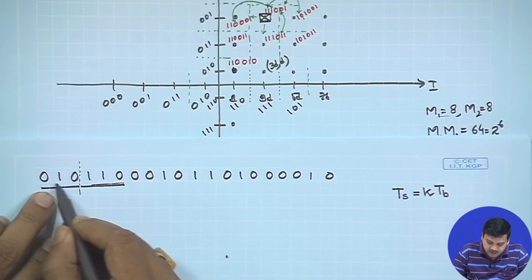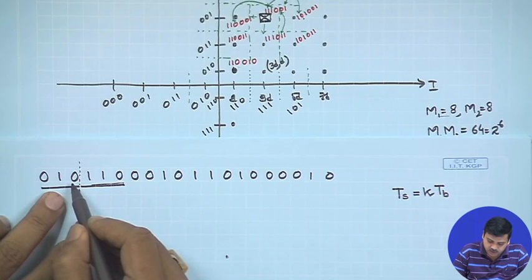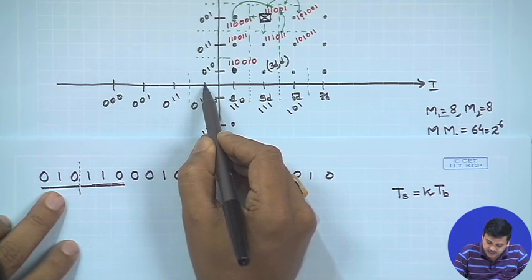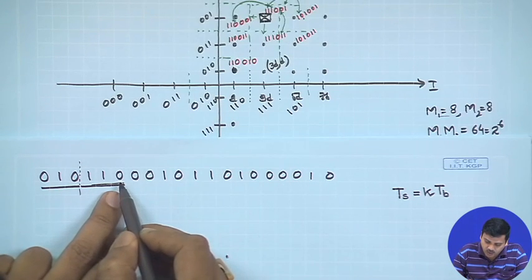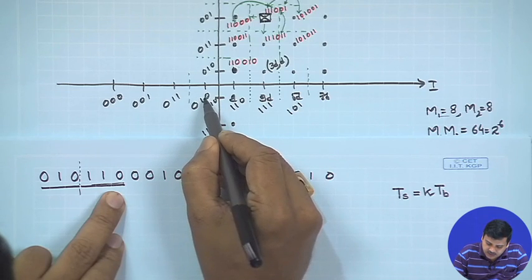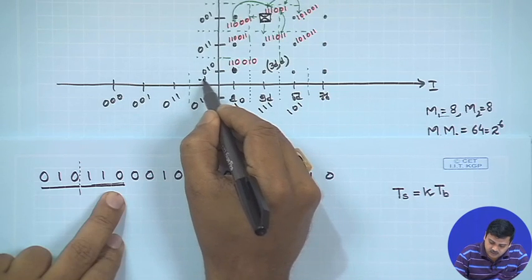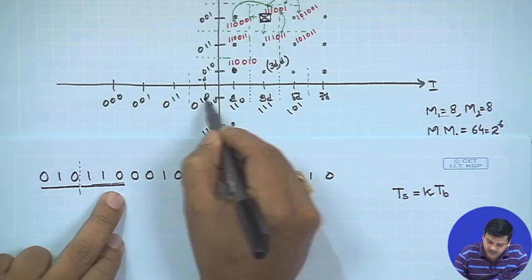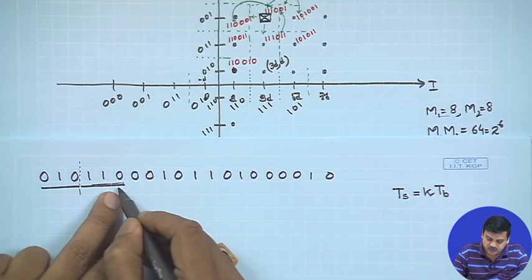So, you could use the same PAM mapping once for the I, use the same mapping for the Q. However, you can see if it is 0 1 0, so 0 1 0, do we have it over here, 0 1 0 we have it here. So, that means it is minus d, and 1 1 0 we have it over here, which is again a minus d. That means this constellation location would be a minus d and a minus d, this constellation location would be what is generated over here.